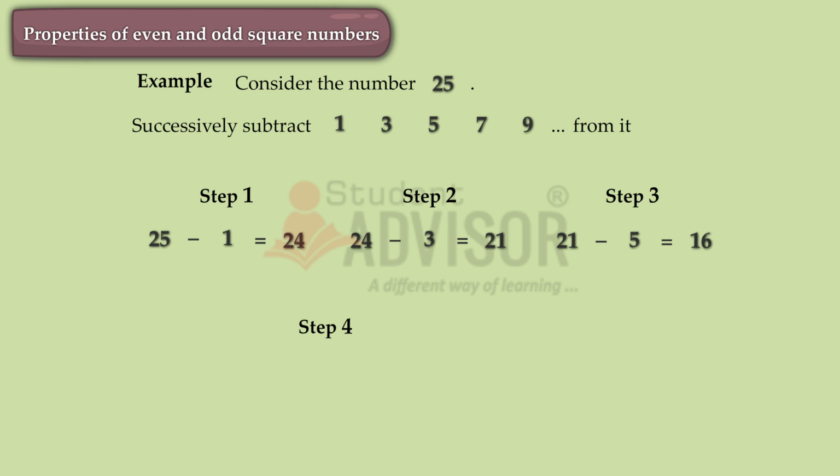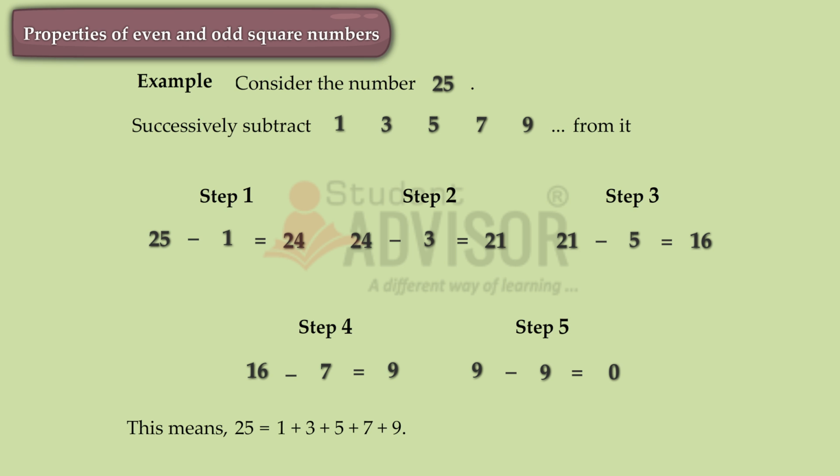Step 4. 7 subtracted from 16, we get 9. Step 5. 9 subtracted from 9, we get 0. This means 25 equals 1 plus 3 plus 5 plus 7 plus 9. Hence, 25 is a perfect square.